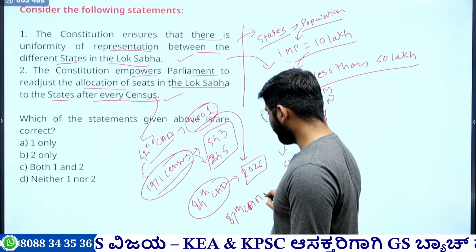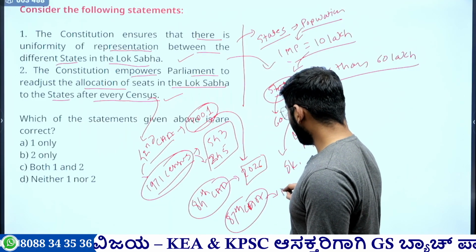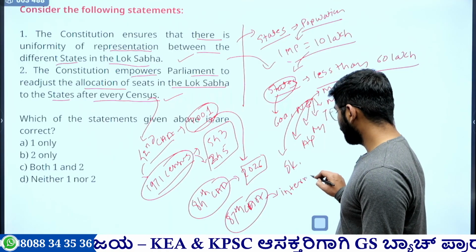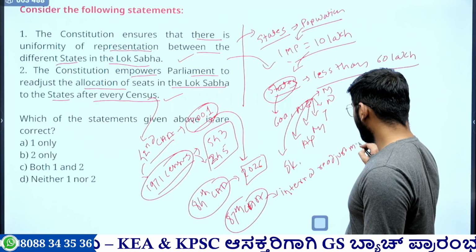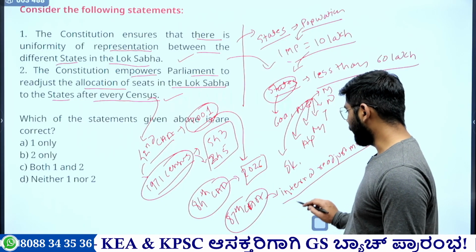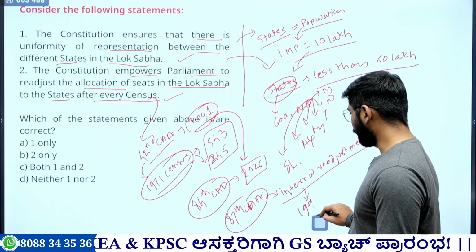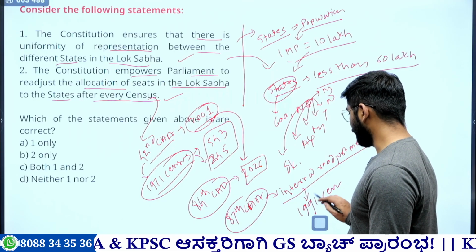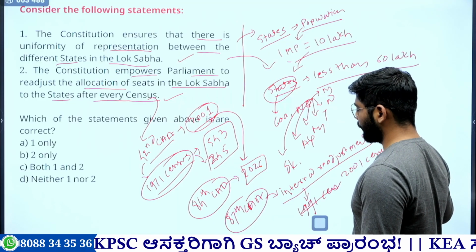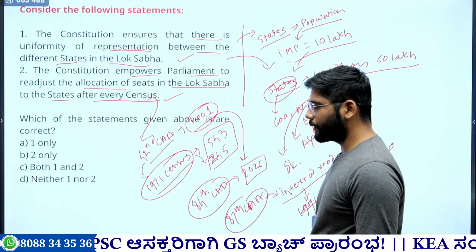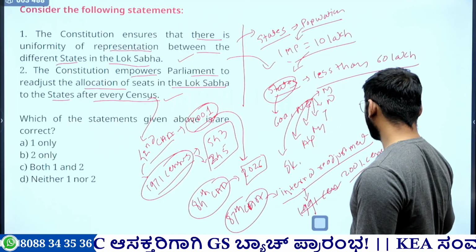This said that the internal readjustment will be done based on the 2001 census. Previously it said the 1991 census, but this changed it to 2001.